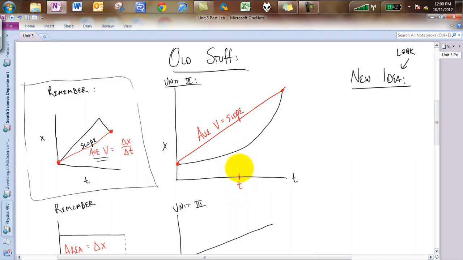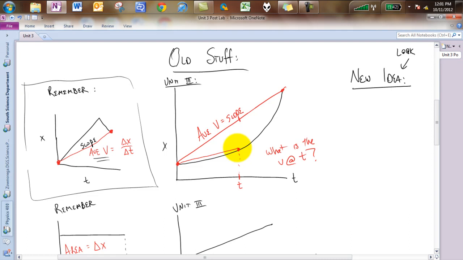What happens if I wanted to know what is the velocity at t? Well, what I can do is I can say, well, this line between these two points is actually getting a closer approximation.